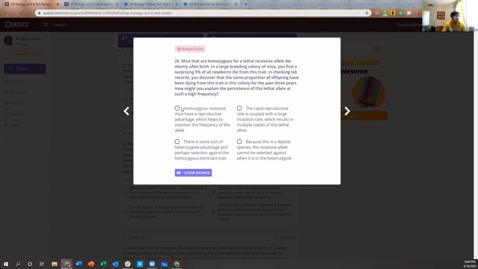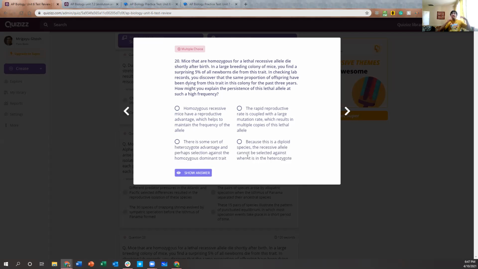So if it's homozygous recessive, it can't have a reproductive advantage. That doesn't make sense. Obviously, they're dying. What about this? This might make sense. There's some sort of heterozygote advantage and perhaps selection against the homozygous dominant.